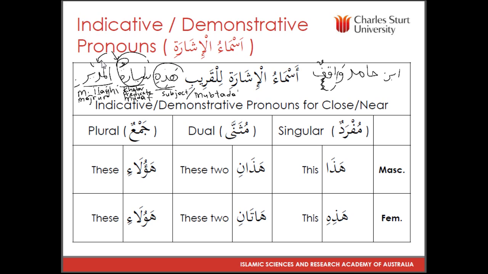Hadihi sa'atu Ali. That's right. From here we understand that sa'a, watch, is feminine, singular, with the demonstrative pronoun hadihi. Hadihi sa'atu Ali. This is Ali's watch. The watch of Ali. Sa'a is mudaf. Ali.